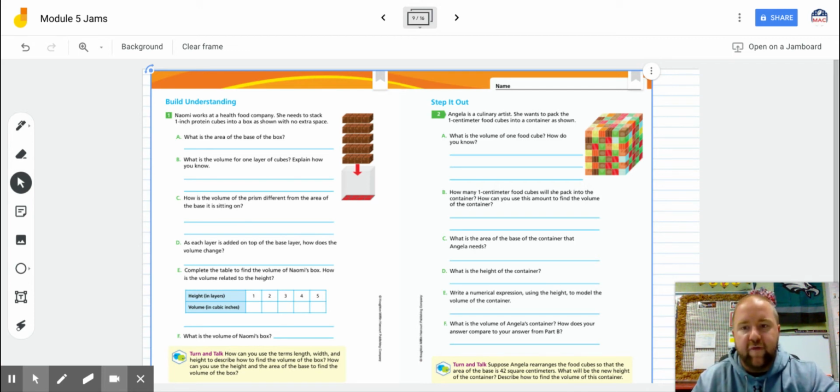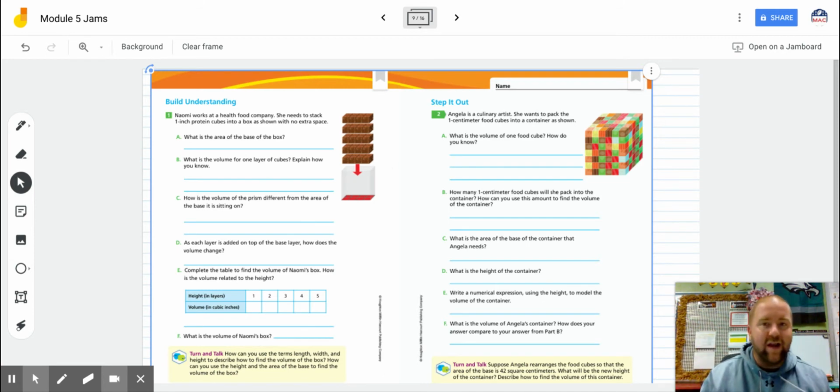So in order to find the volume of the entire box here, we need to find 1, 2, 3, 4, 5 layers that are all the same, right? So the base was 8 cubic units, and we have 5 of them stacked on top of each other.